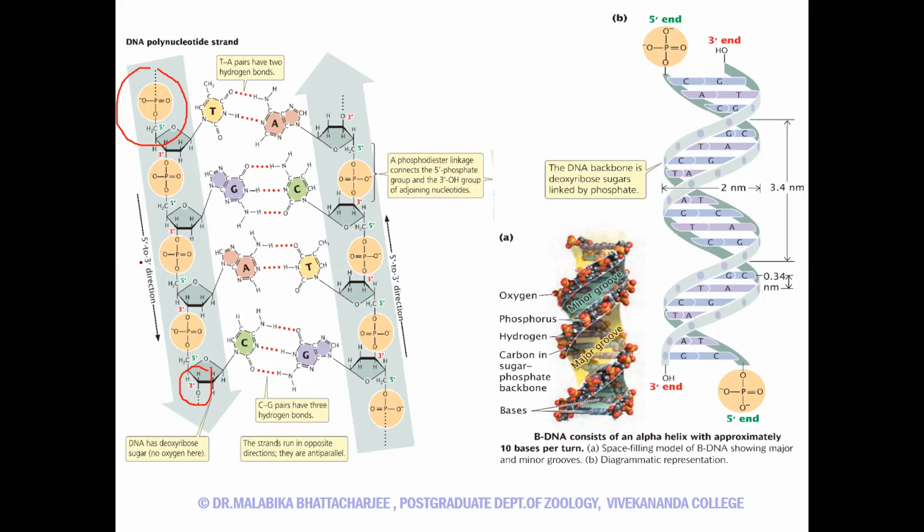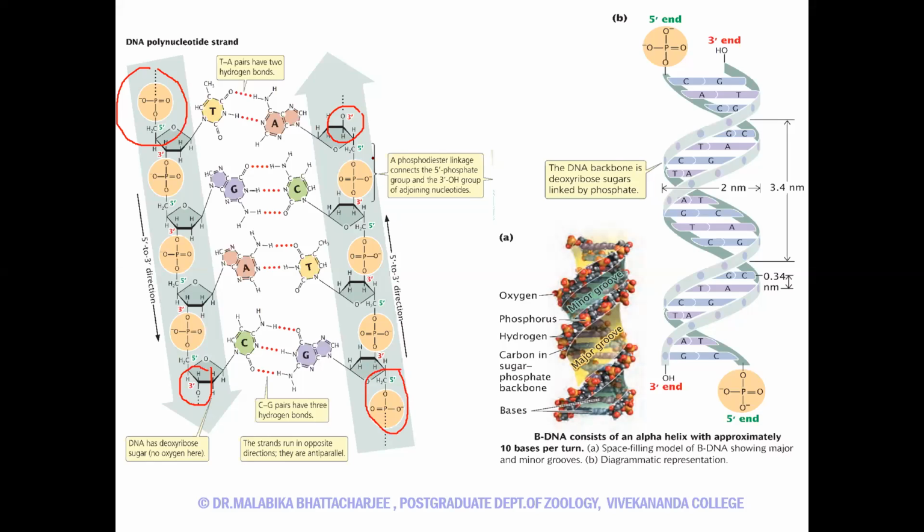Because there is a 5' phosphate at one end and a 3' hydroxyl at the other, this direction is said to be the 5' to 3' direction. The other strand is anti-parallel to it, and as you can see, we have a 3' hydroxyl end at one end and a 5' phosphate end at the other.